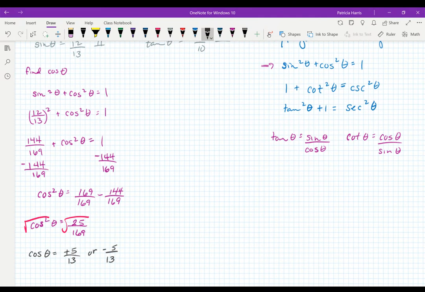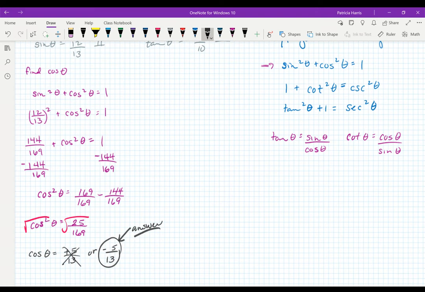I have to go back, look at what quadrant I'm in, and think about whether sine, cosine, tangent is positive or negative in the second quadrant. It's cosine, and I'm in the second quadrant, so that would make it negative. So this is my answer. The other is what we would call extraneous for this particular equation.